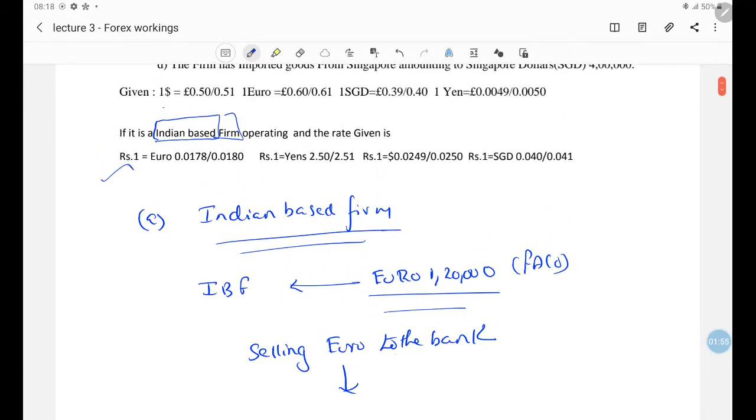Here they have given an indirect code, that is 1 unit of home currency and the corresponding unit of foreign currency. Home currency, I am talking from the point of view of India. So this is given in indirect code, and you have to see which rate is applicable.